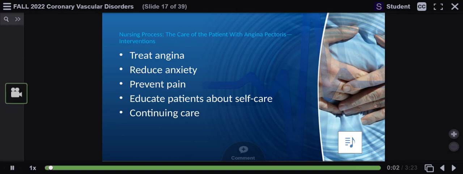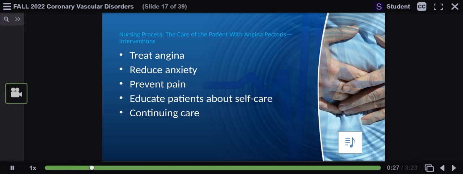So, with our nursing process, what would be our nursing interventions? Okay, we've given you the medications. In prior slides, I have shown you the diagnosis, collaborative problems or complications, and your goals. Our goal actually is to treat your angina. So our priority is to stop all activity once the patient is complaining of chest pain.